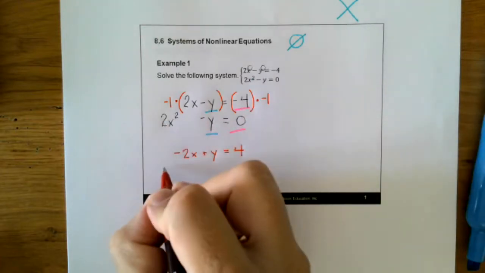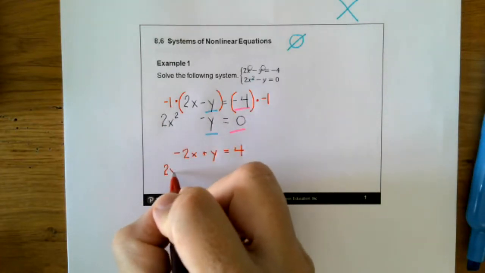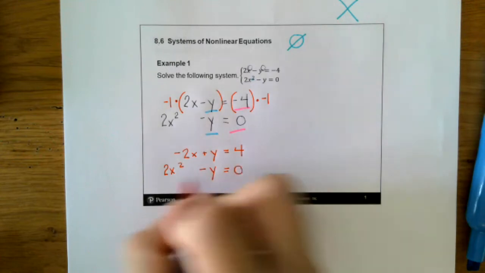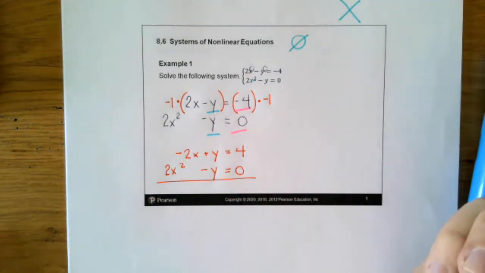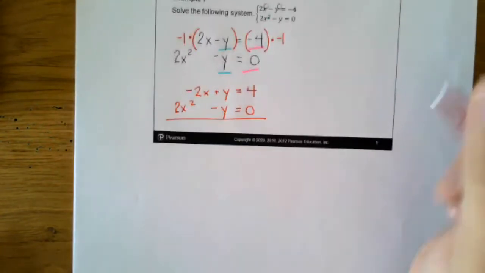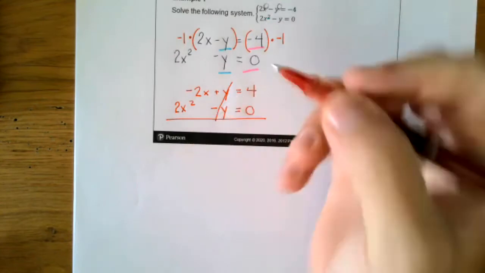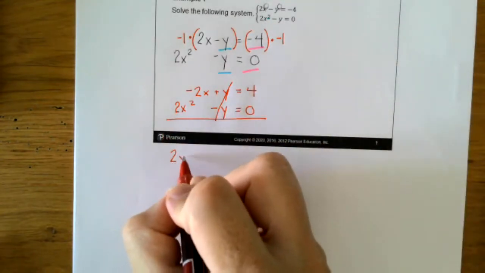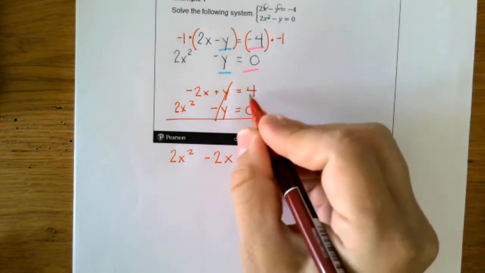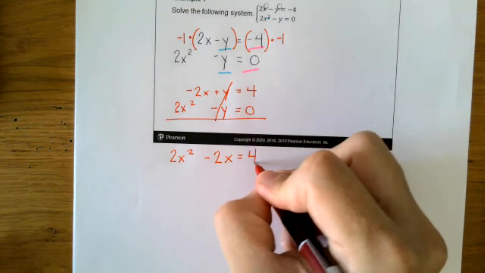And down here I have nothing changed. 2x squared minus y equals 0. These 2 cancel. 2x squared minus 2x equals 4 plus 0 is just 4.